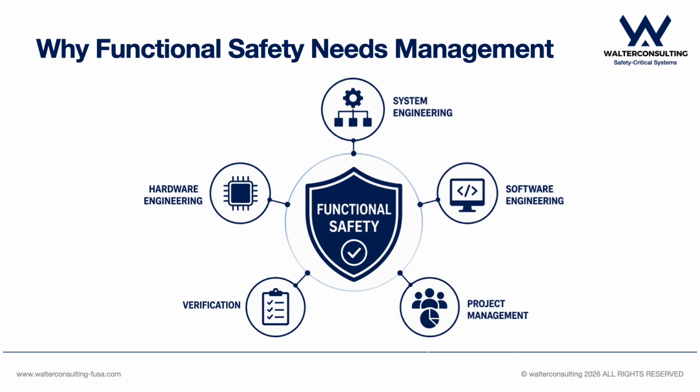All of these groups contribute to safety. Without coordination, important activities may be missed, responsibilities may become unclear, and safety objectives may not be achieved. Part 2 addresses these challenges by providing the management framework needed to coordinate safety activities throughout the lifecycle.